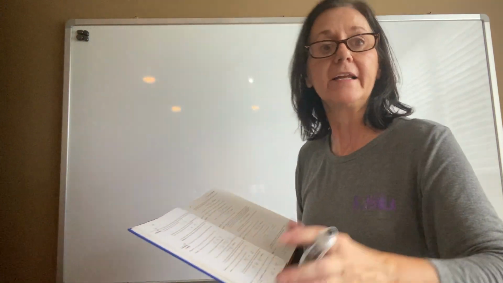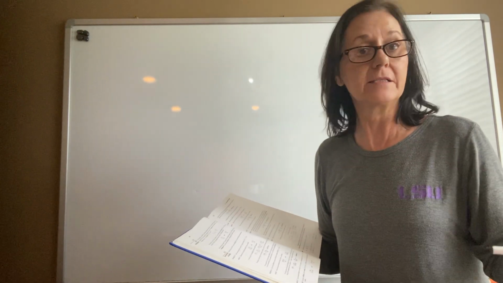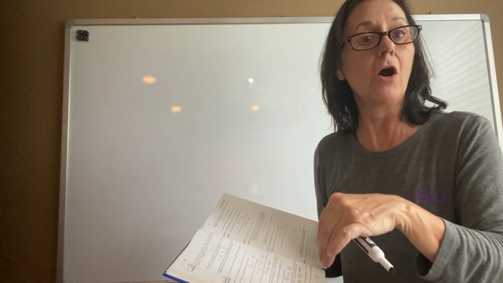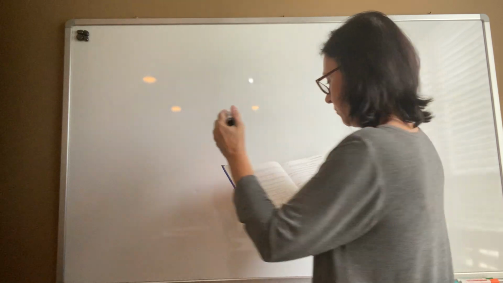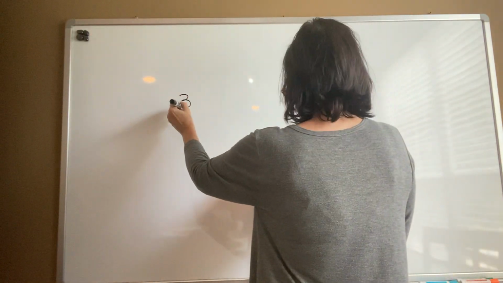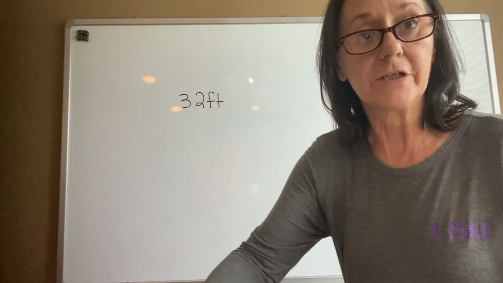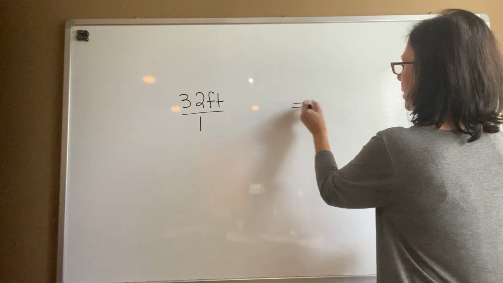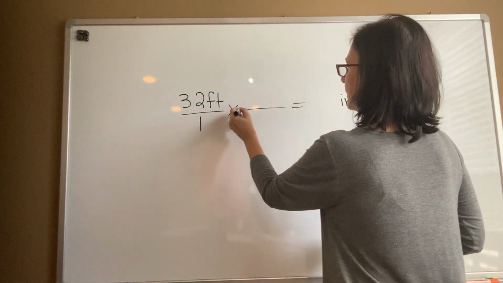They're equivalent fractions, like 12 inches over 1 foot. That's the same value, right? Or 3 feet over 1 yard. That's the same value. So I want to convert 32 feet to inches. This is the same thing as 1. I want to end up with inches. So I multiply it.